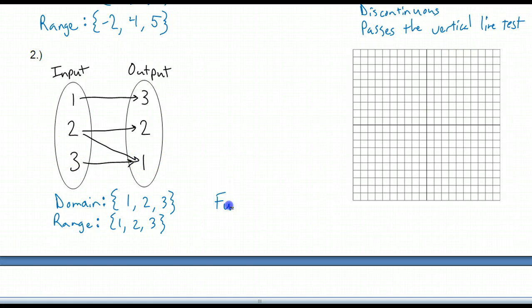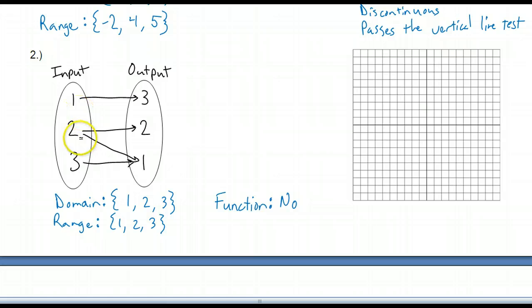Is this a function? Well, 1 has 1 output, 3 has 1 output, but 2 has 2 outputs. So this is not a function. In math, we want to work with functions. We want to work with relations where if we put in a number, we know exactly what the answer is going to be.